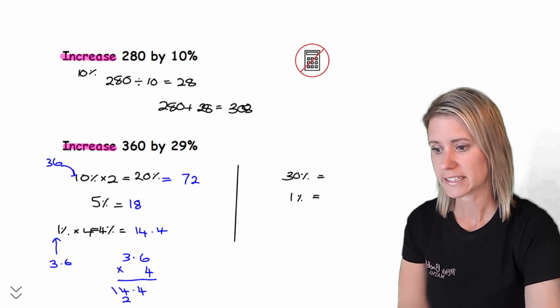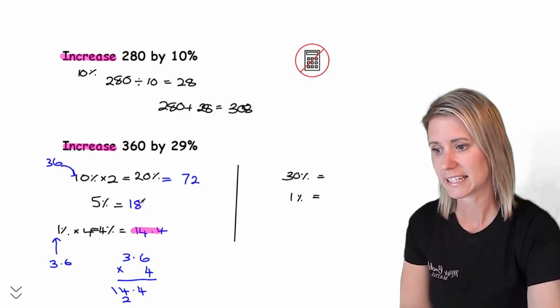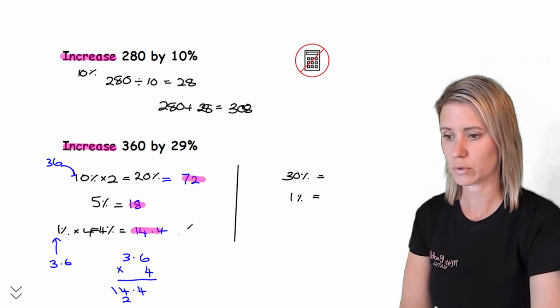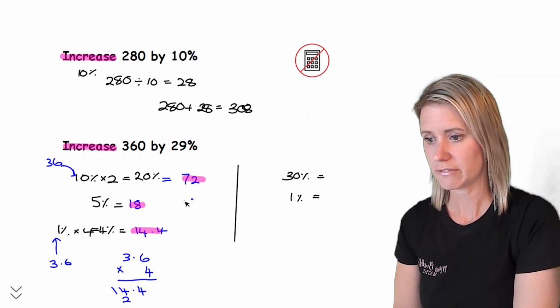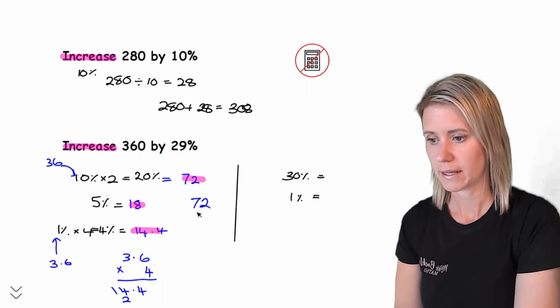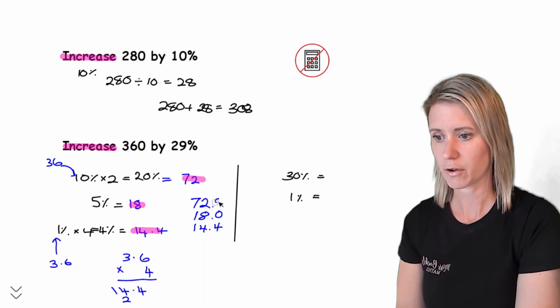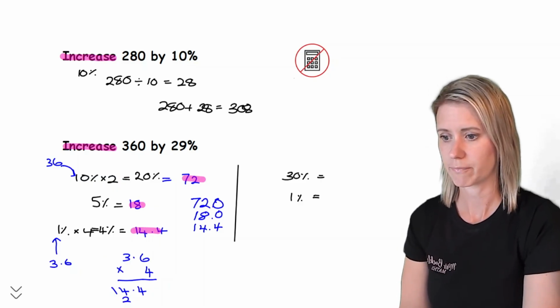Now to find 29%, we're going to be adding these three together: 72 plus 18 plus 14.4, making sure when you're doing this, you're lining them all up with the correct place value columns.